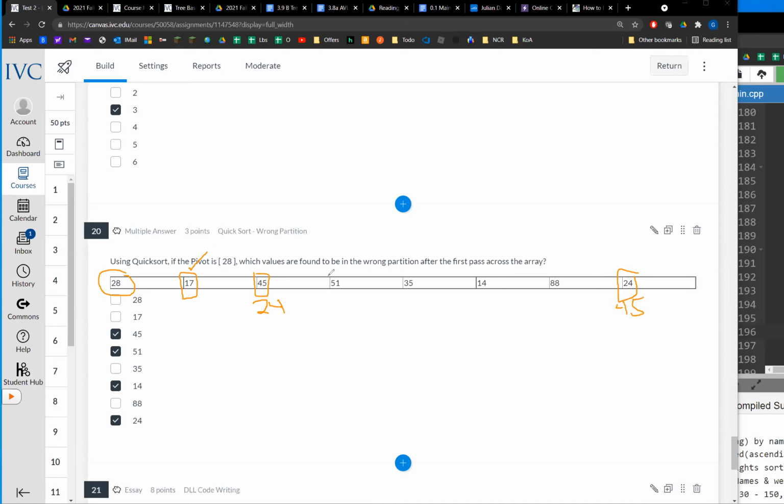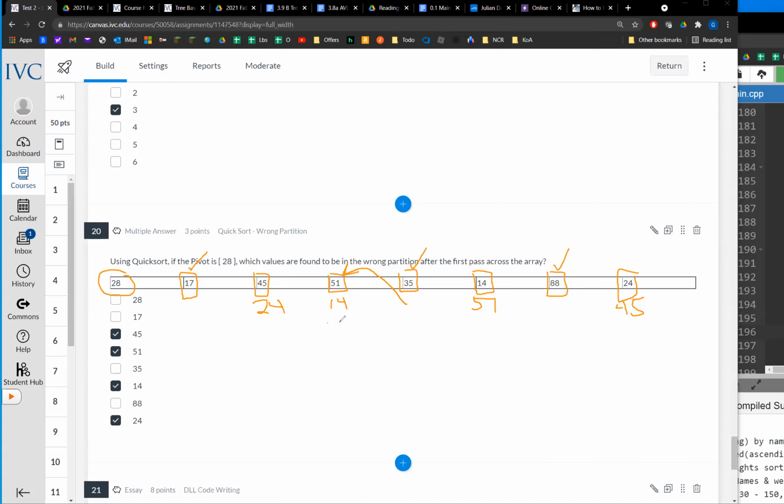Jump back to left-hand side, 51, not good. 88 is good, stays there. 14, not good. So those two will swap. Jump back to the left-hand side, we don't like it. Jump to the right-hand side, says 35 is good. And it gets over here and we get the crossover.